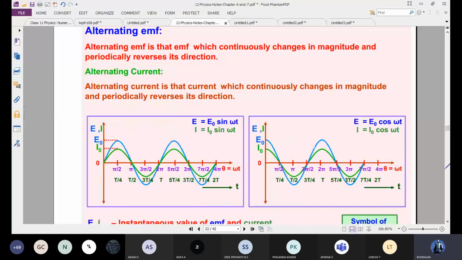Listen everyone, this is today's homework for you. Everyone must draw all the diagrams, that is the sine wave diagram and these formulas also.